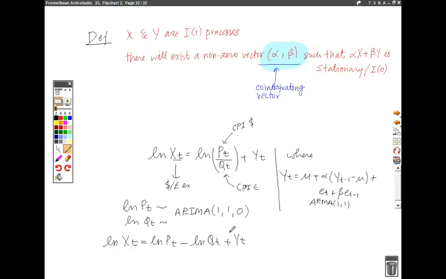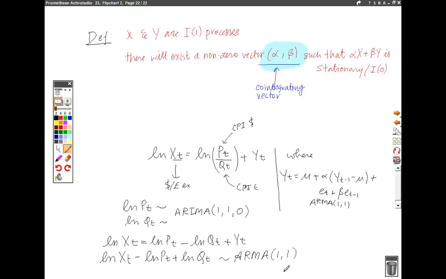So I know for a fact that log of XT minus log of PT plus log of QT should be a stationary model, which is ARIMA 1,1, right?